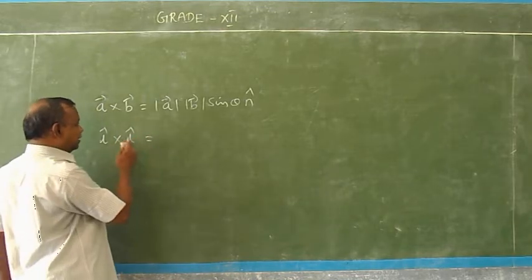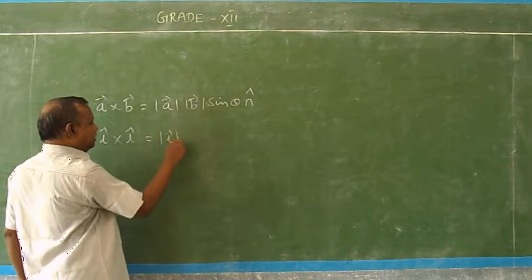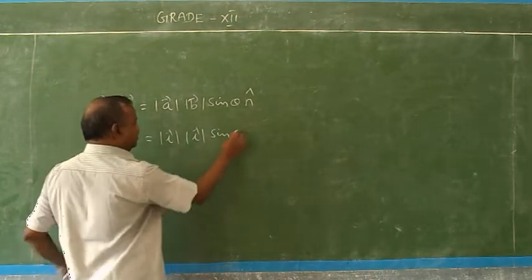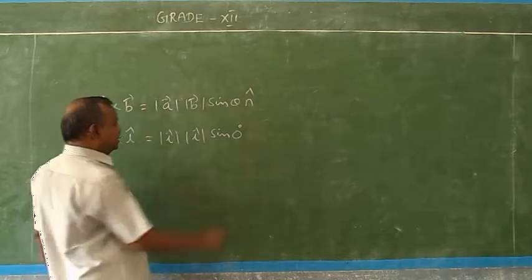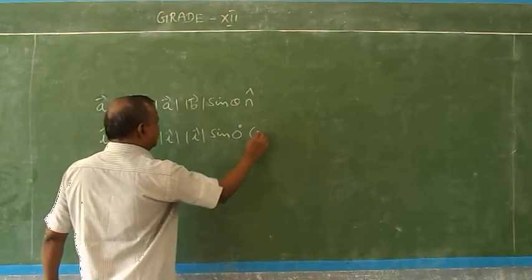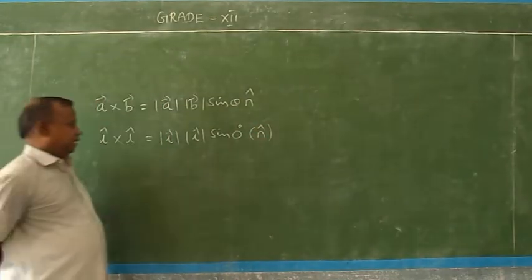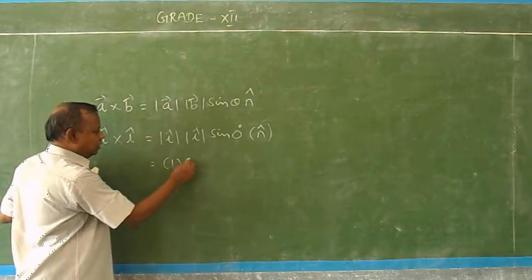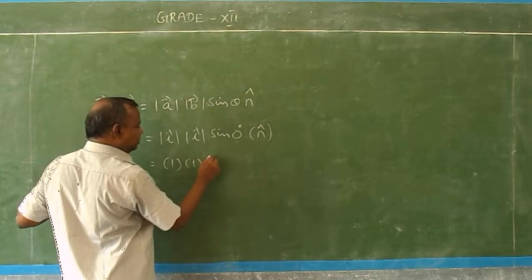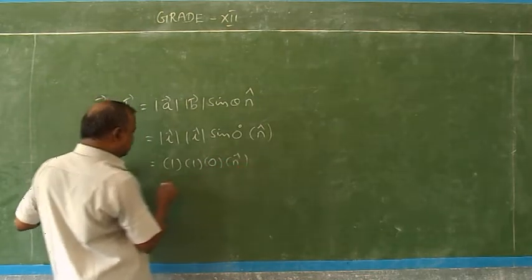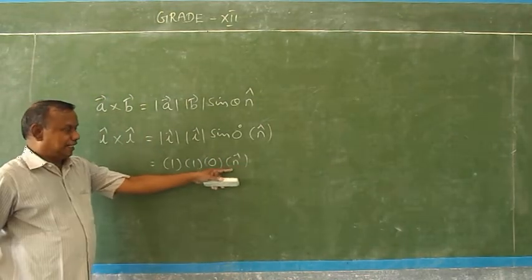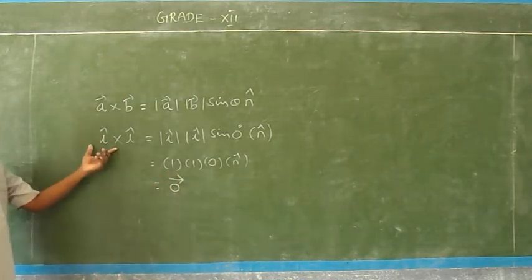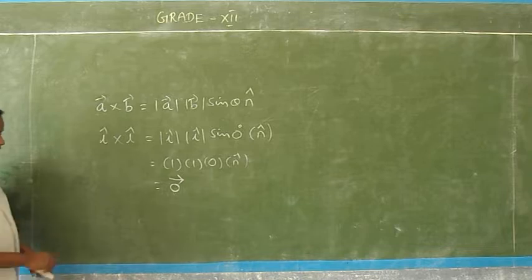We know that i cross i equals modulus of i cap into modulus of i cap into sin of the angle between them, which is 0, and n cap, a vector perpendicular to i. Clearly this is 1, this is 0, and n cap. Since a vector is involved, the 0 represents the zero vector. So i vector cross i vector equals 0 vector.